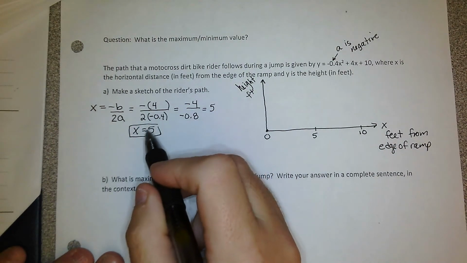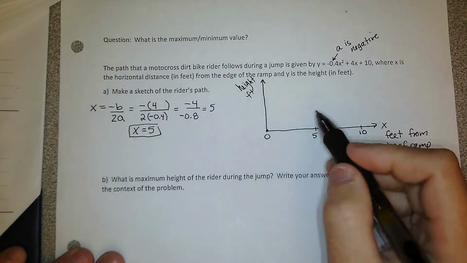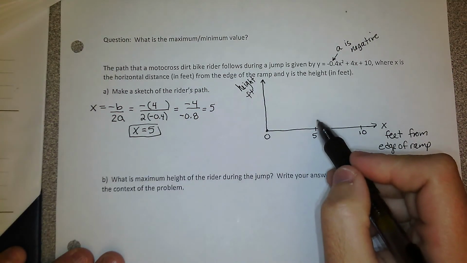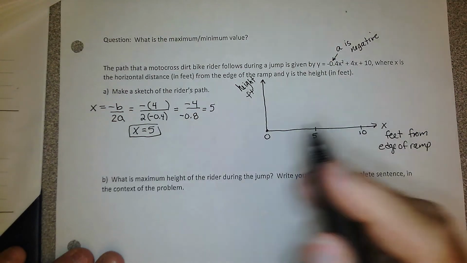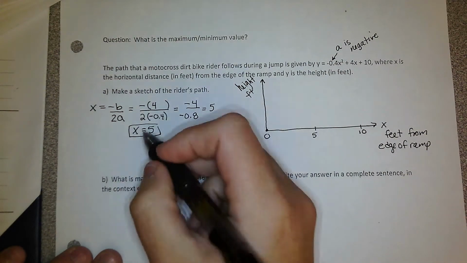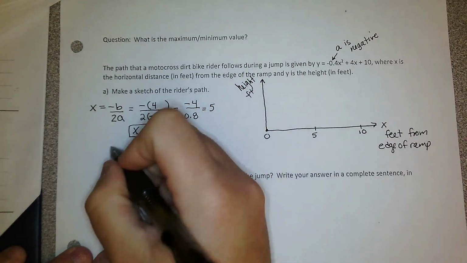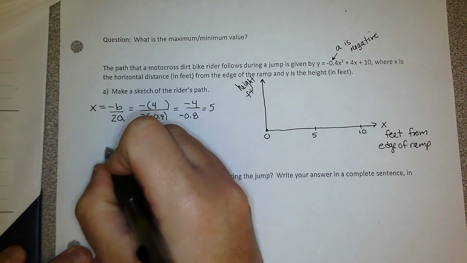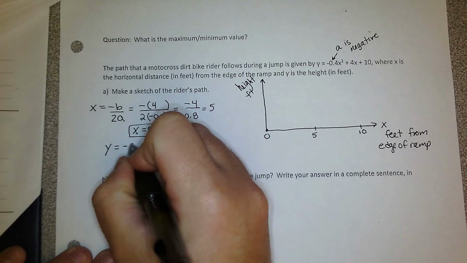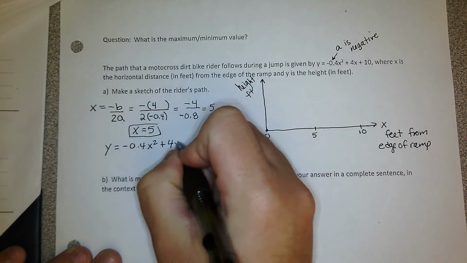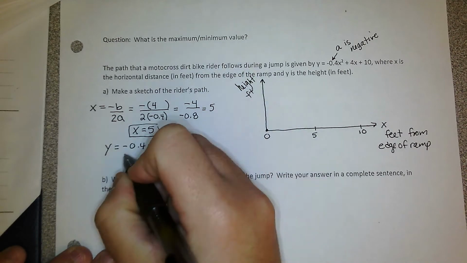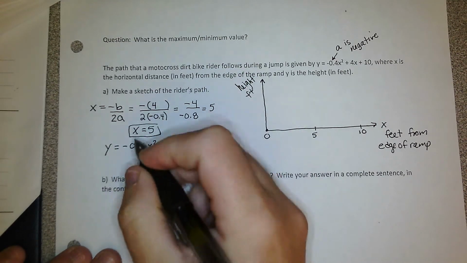The next thing we need to do is figure out how high this guy is going to come. We know it's going to happen here. We just don't know how high it's going to be. So we got to plug our 5 in to find out. We are going to substitute 5 into our function: y equals negative 0.4x squared plus 4x plus 10. We're going to take the axis of symmetry value and plug it in here.